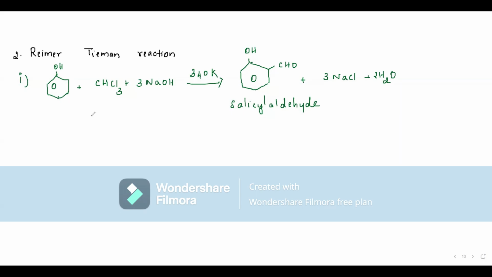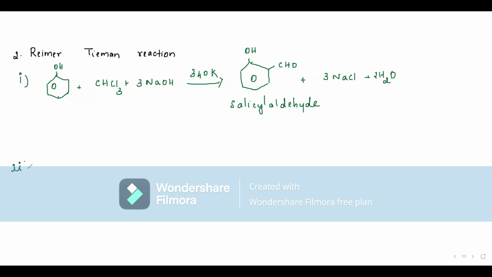Okay, so in this, phenol is treated with chloroform in presence of excess of sodium hydroxide, and you will get salicyl aldehyde at 340 Kelvin along with NaCl and water.